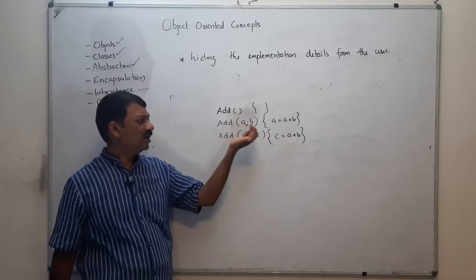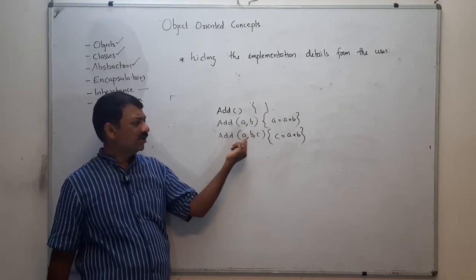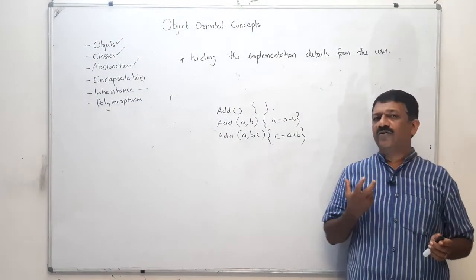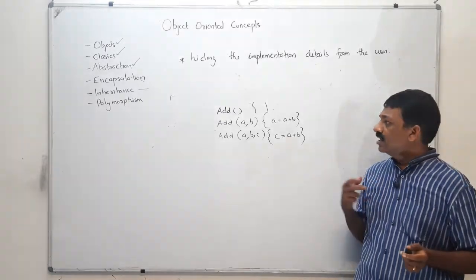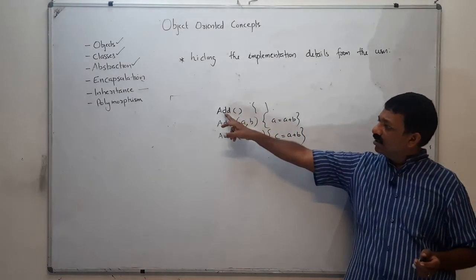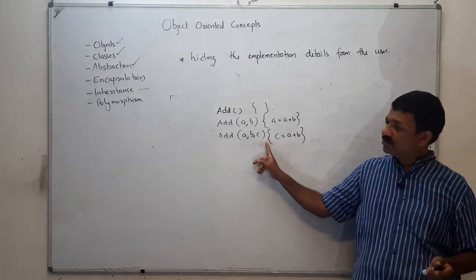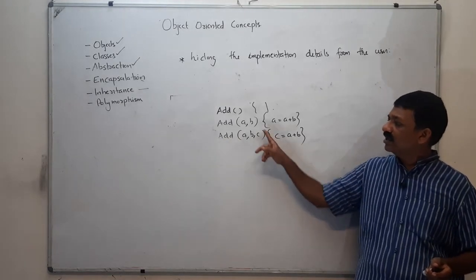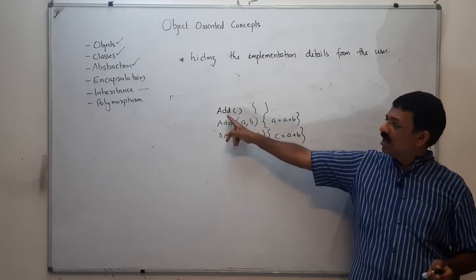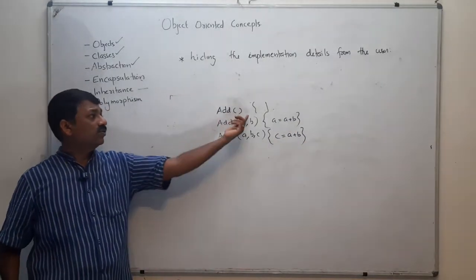So when you call add, depending on the number of parameters you pass, it invokes one of these three. With three parameters, it executes the third; with two, the second; and if nothing is passed, the first.